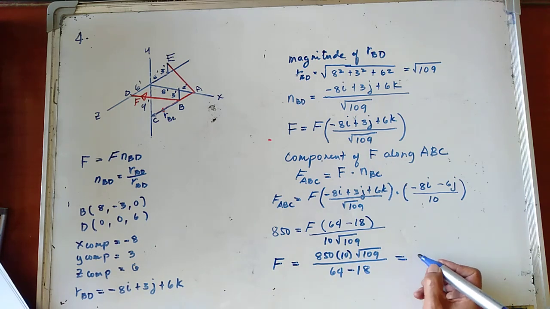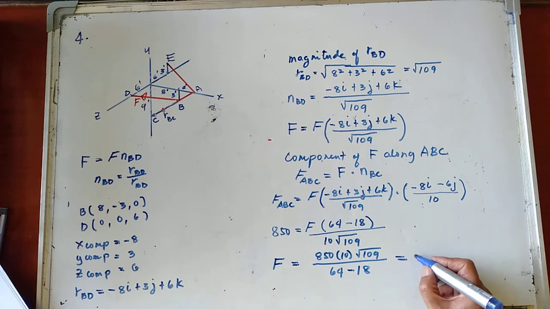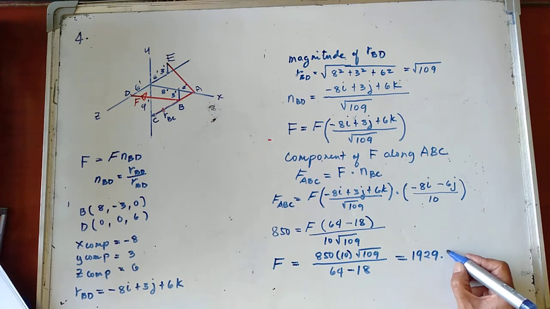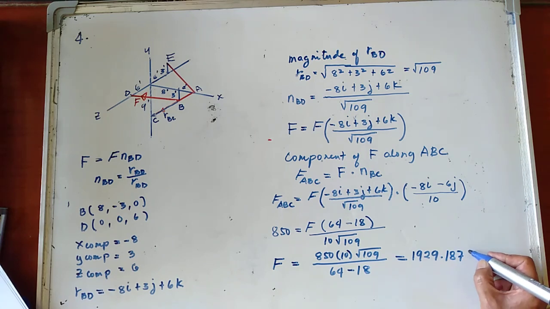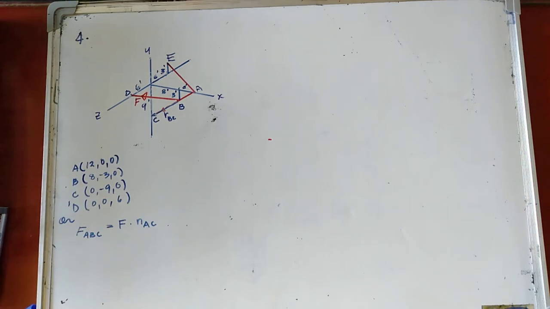And this is therefore equal to 1929.187 pounds. So this is the magnitude of the vector F in the direction of BD.